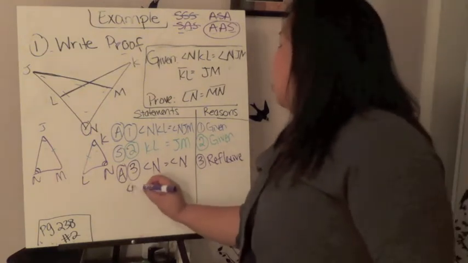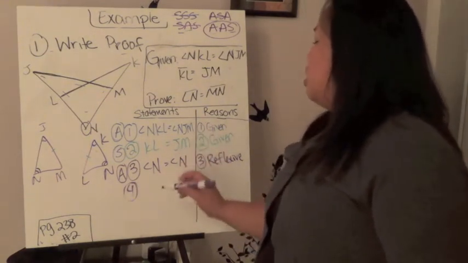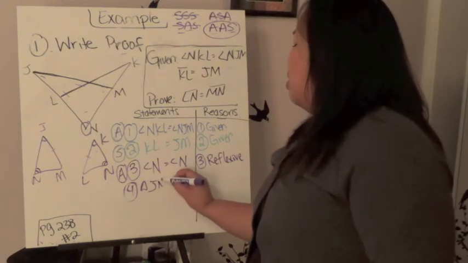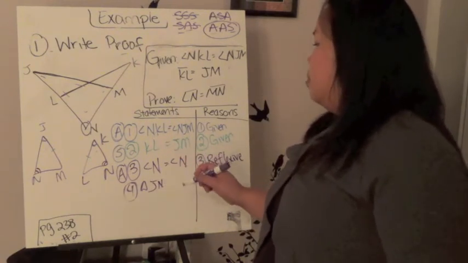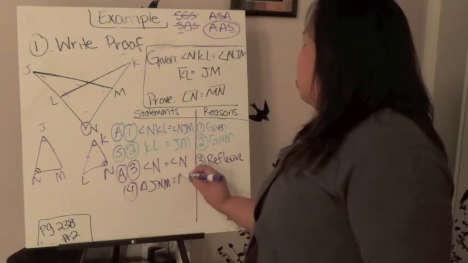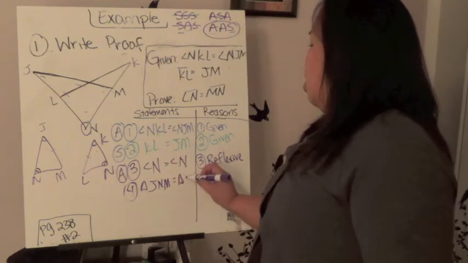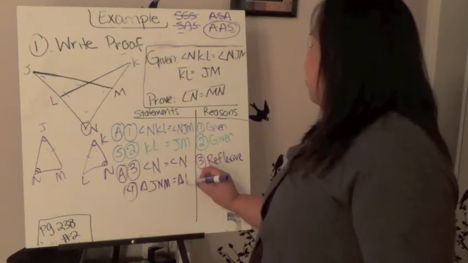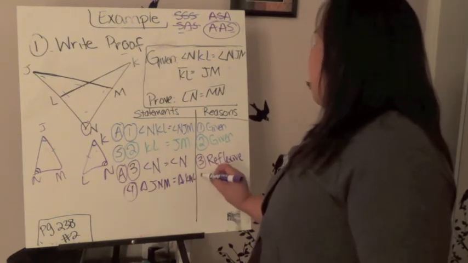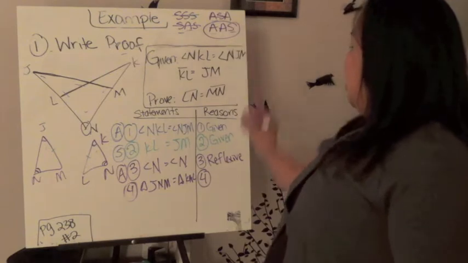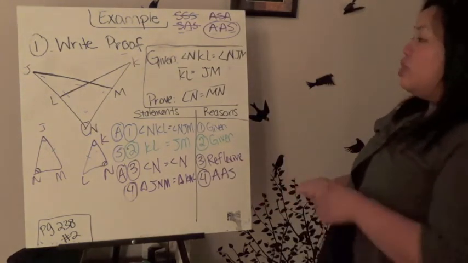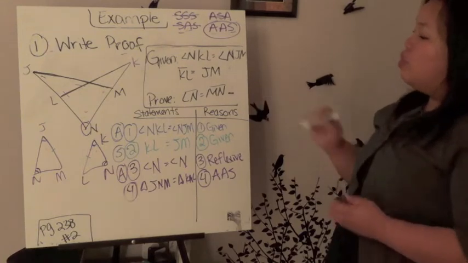Our next step tells us that triangle JNM equals triangle KNL. Make sure to name it correctly. This is because of AAS.